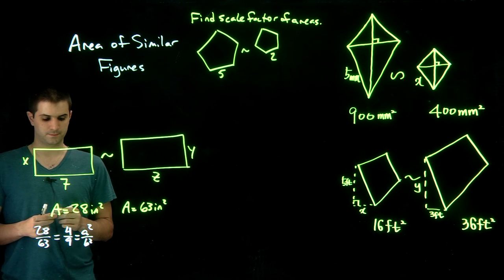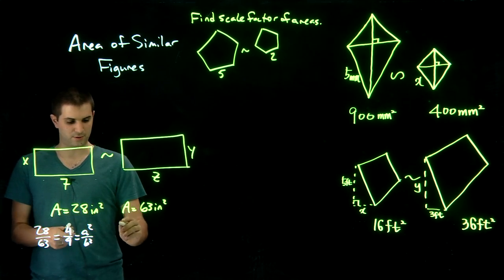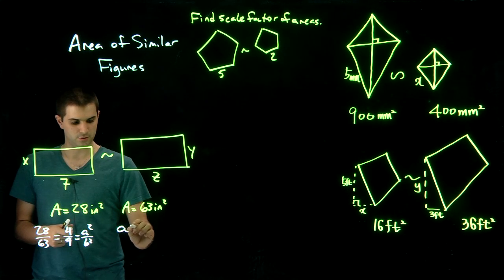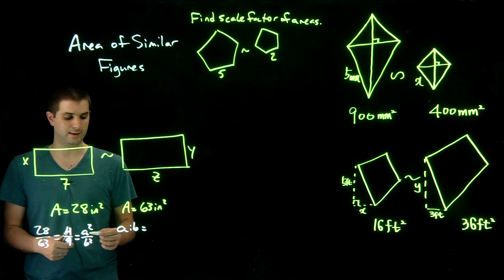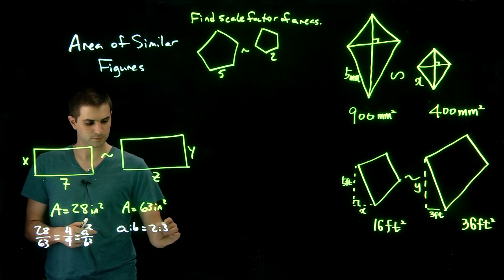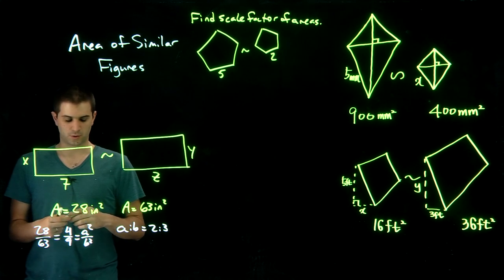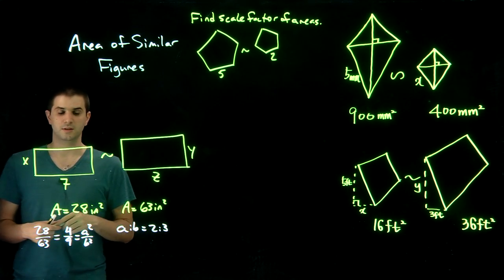Now, if a squared to b squared is 4 to 9, then the ratio of a to b should equal 2 to 3.